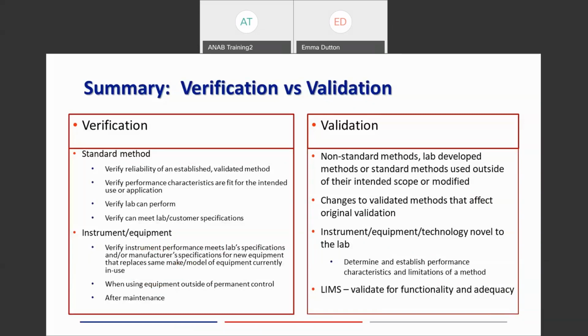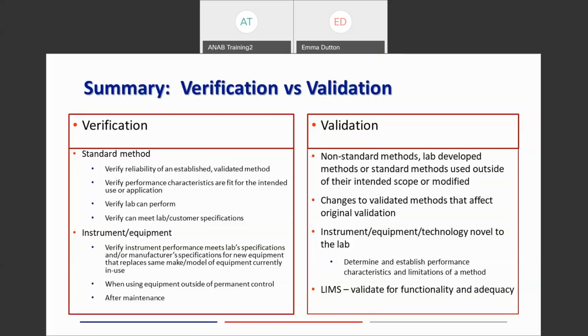A standard method is a method that has been established and published by an international, regional, or national standard, such as ANSI, our National Standards Institute, and there are many standard methods that have been published there. A standard method could be one that is published and peer-reviewed in a scientific text or journal. That could be considered a standard method.